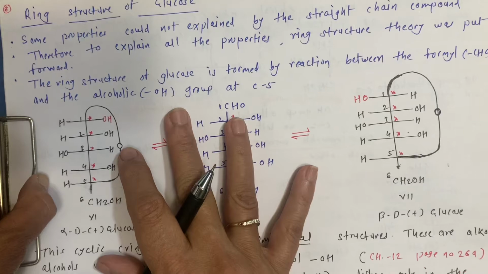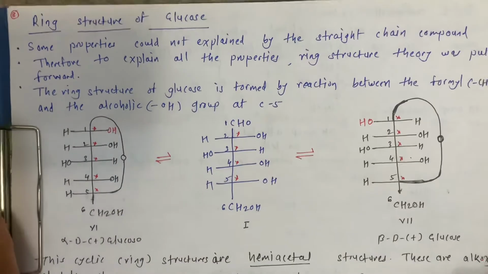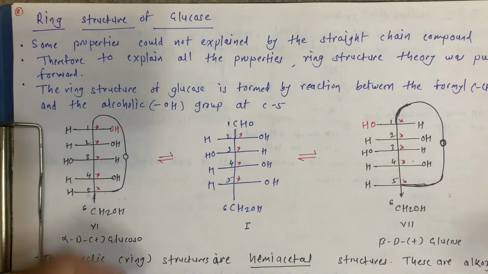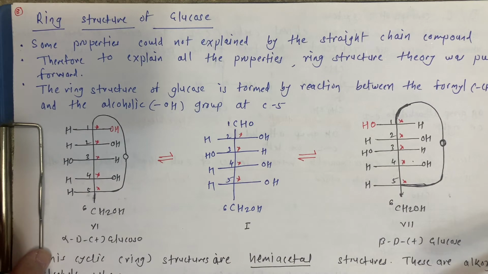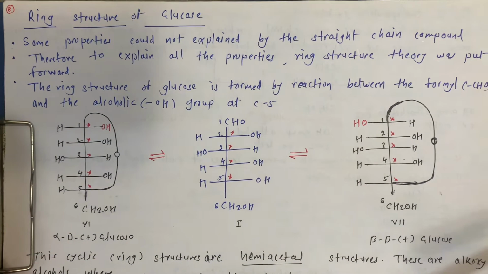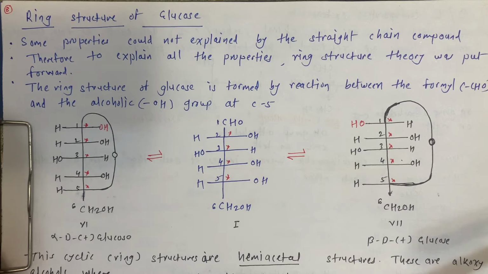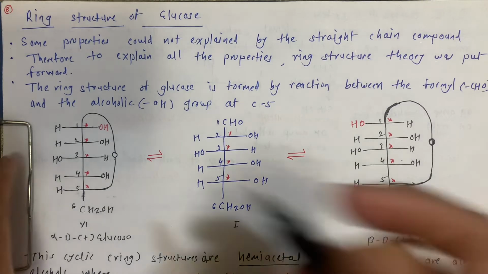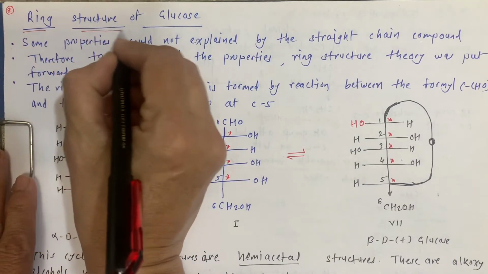I explained the ring structure of glucose before also, but now we are going to think about this structure in detail. As I told you, this is glucose. We have proof of this straight structure, but when we dissolve it in water, that is the aqueous solution, we get the ring structure of glucose.